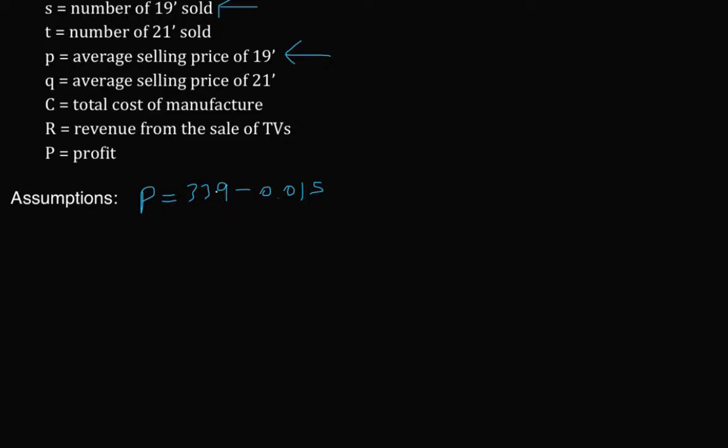And then again go back to the problem. It says the average price of the 19 reduces an additional 0.3 cents for each 21 sold.